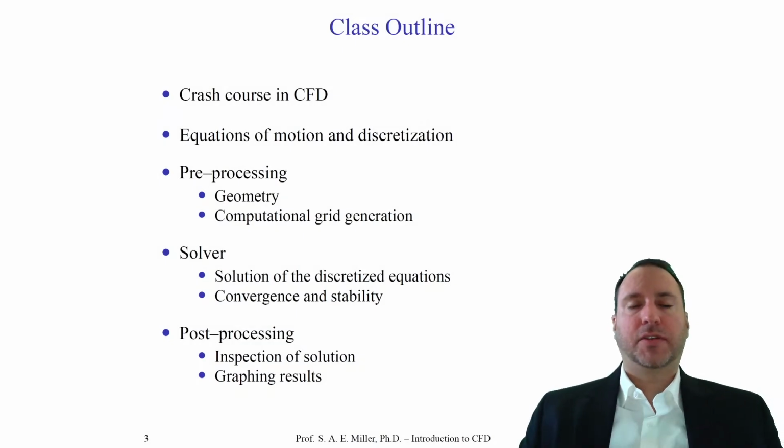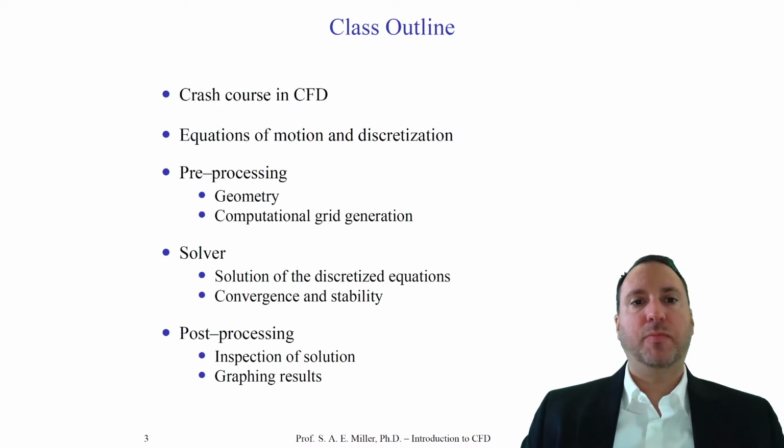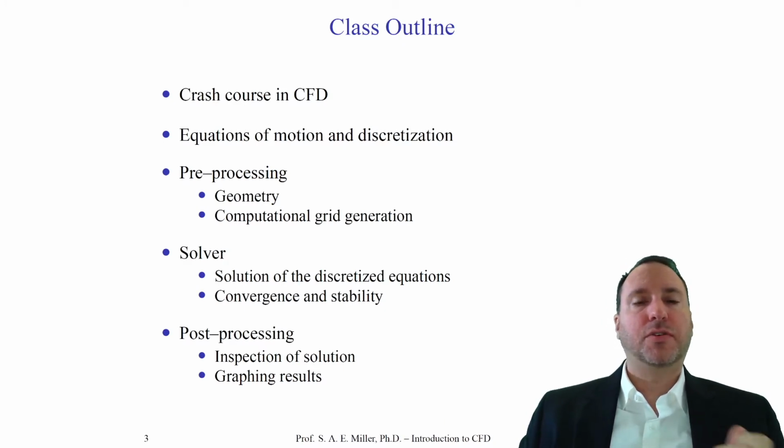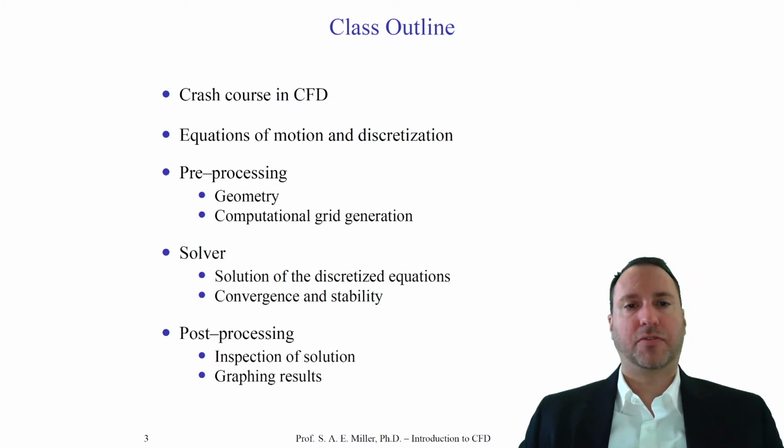Every class I give a class outline. Here's this course's outline. This course is basically a crash course in computational fluid dynamics. Today we'll be looking at and just discussing the tip of the iceberg of these following topics: the equations of motion and their discretization. So equations of motion are just the physical laws written in a mathematical form.